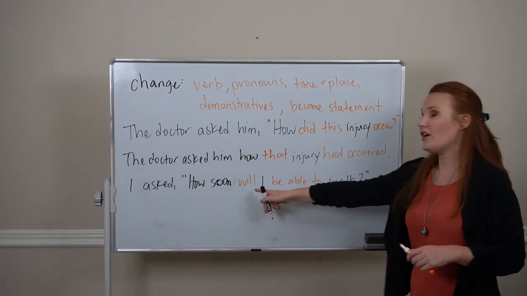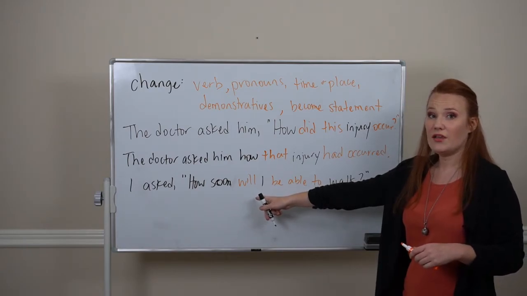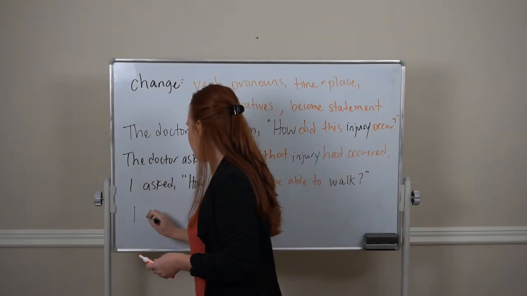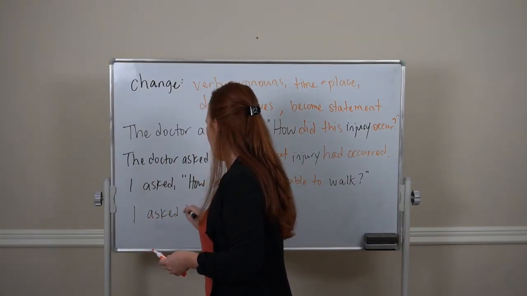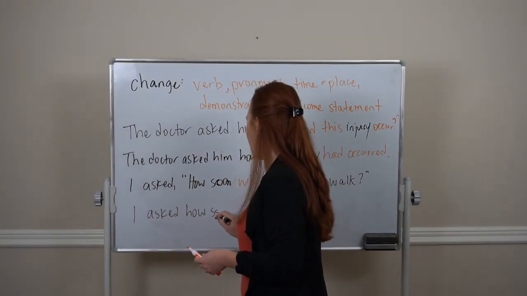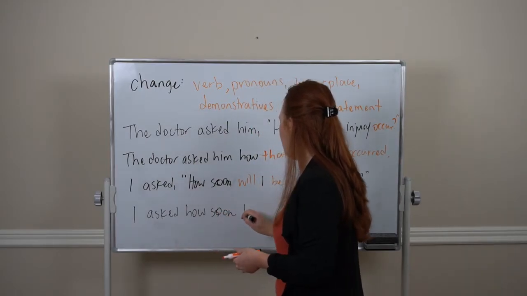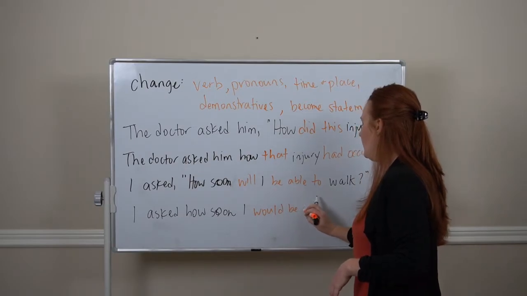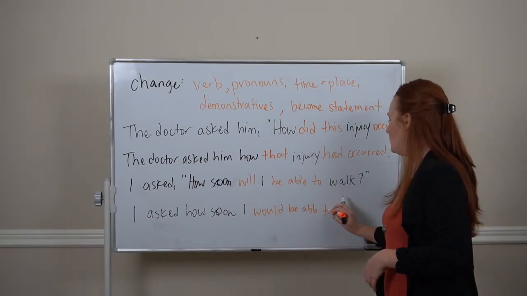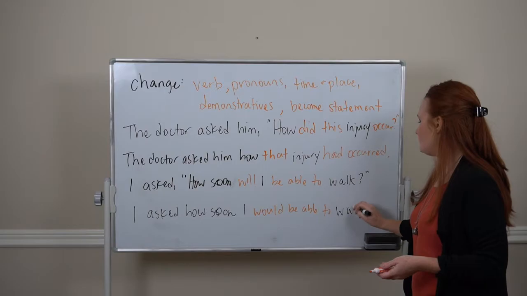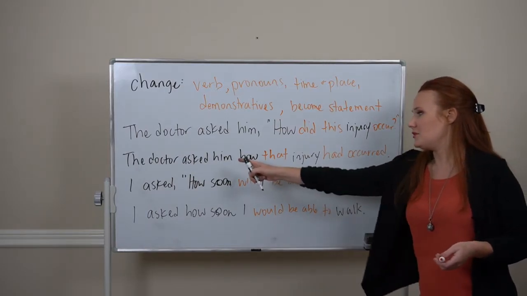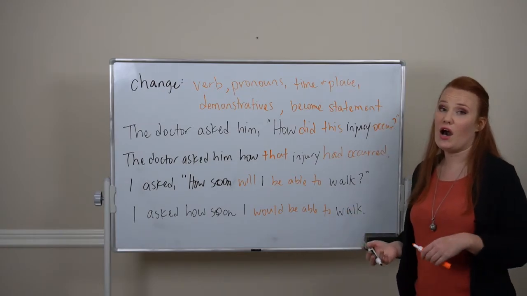So for this one, we've got future tense with will. So for reported speech, we'll use would. I asked how soon I would be able to walk. And obviously we're dropping the quotation marks and there's no comma anymore.